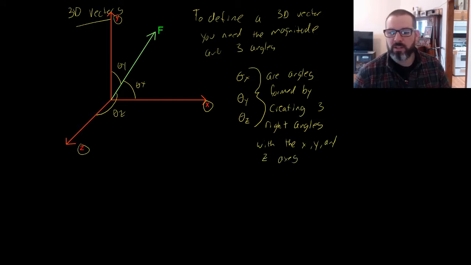And forgive me, these are not angles, these are triangles. They are angles formed by creating 3 right triangles with the x, y, and z axes as the base.